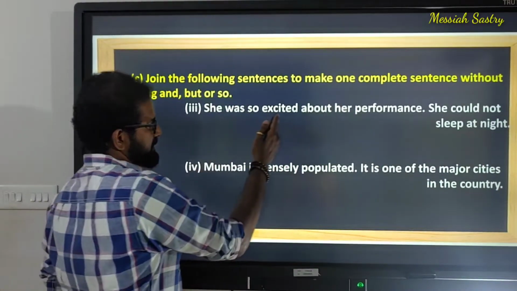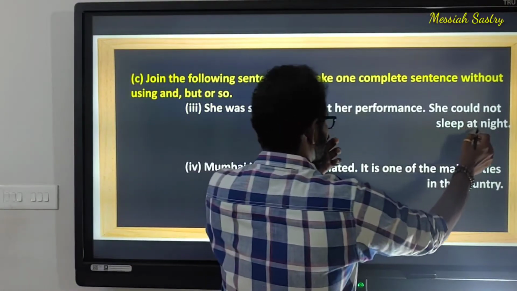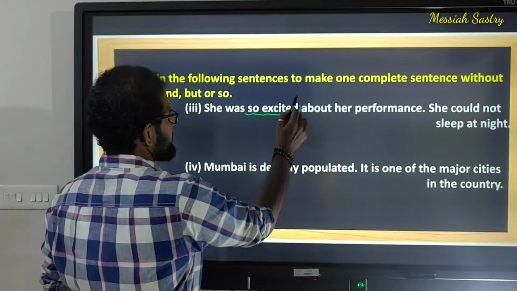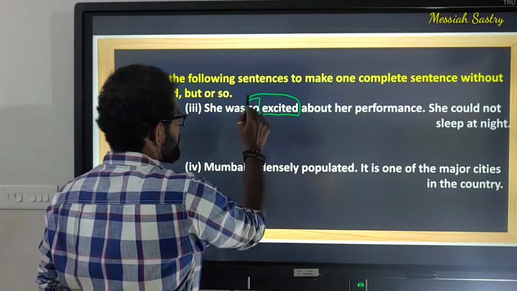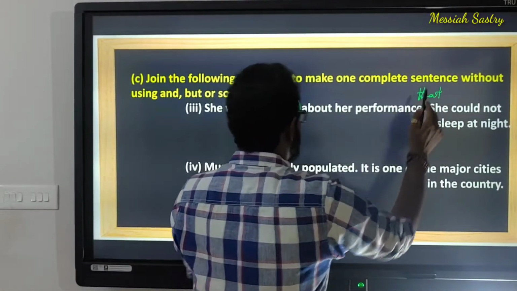She was so excited about her performance. She could not sleep at night. So excited. And here used so. So we can use here that. So that.